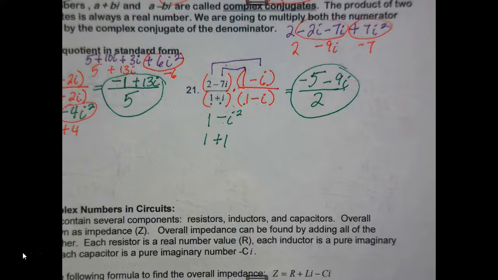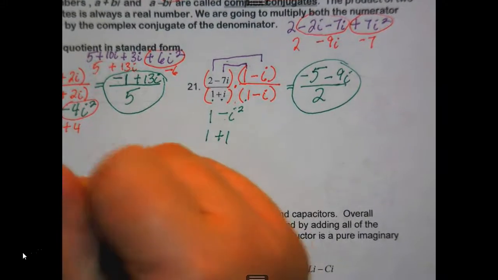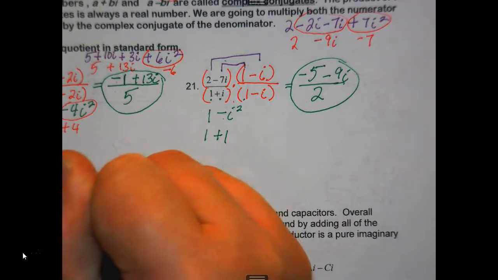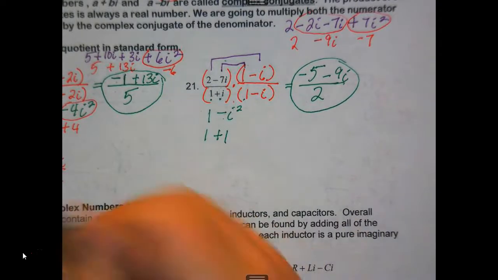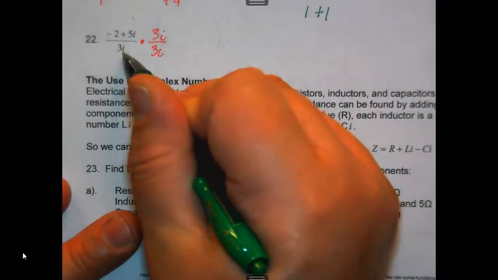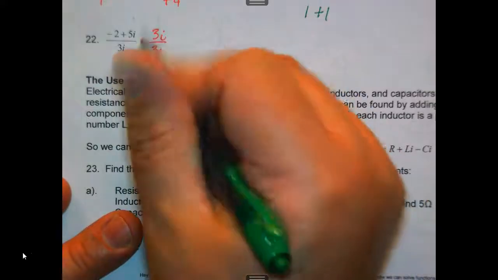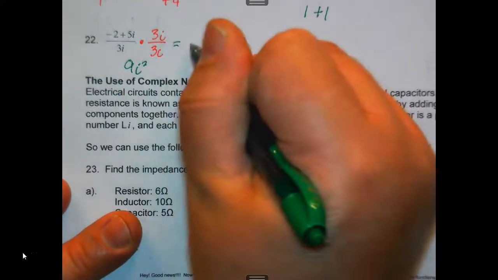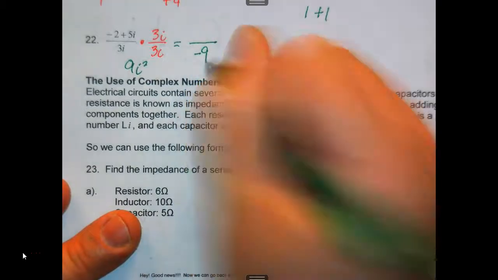So we do number 22. All right, multiply by 3i over 3i. 3i times 3i is 9i squared, which is negative 9.